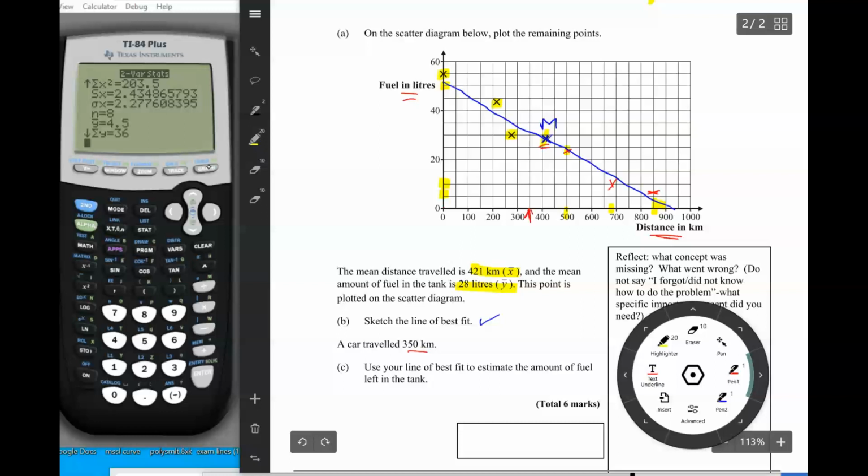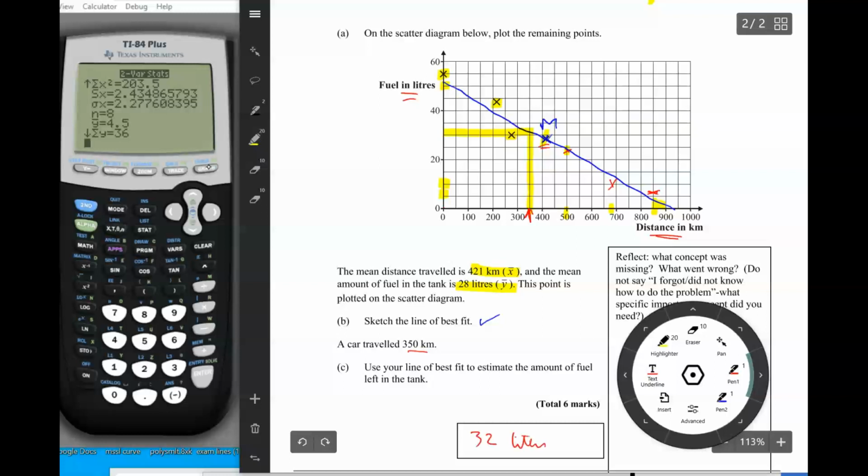What that means is we're going to draw a vertical line from that point of 350 until we hit the blue line, and then we go horizontally until we hit the vertical axis. It looks like we're at about maybe 32 or so. So we'd say maybe like 32 liters.